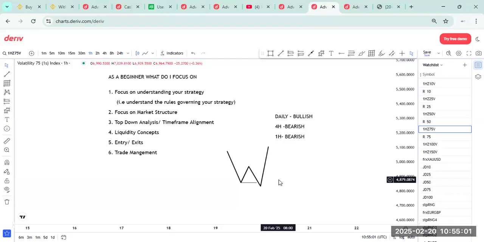Here, FOMO really causes a lot of beginners fear of missing out. Price may break a level and be returning to their POI, or point of interest, or area of value, or demand zone, or supply zone, but they are impatient to wait. You realize that price will not tap the order block, the supply zone or the demand zone, but it will start moving away, and they are like, price is leaving me behind.